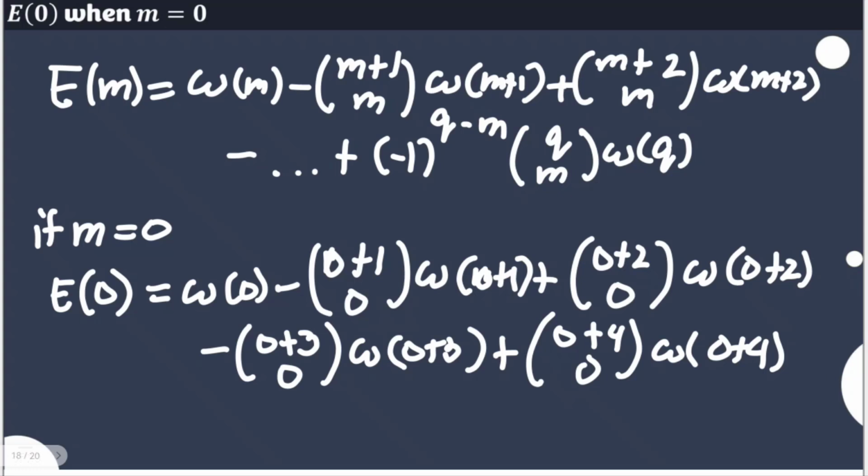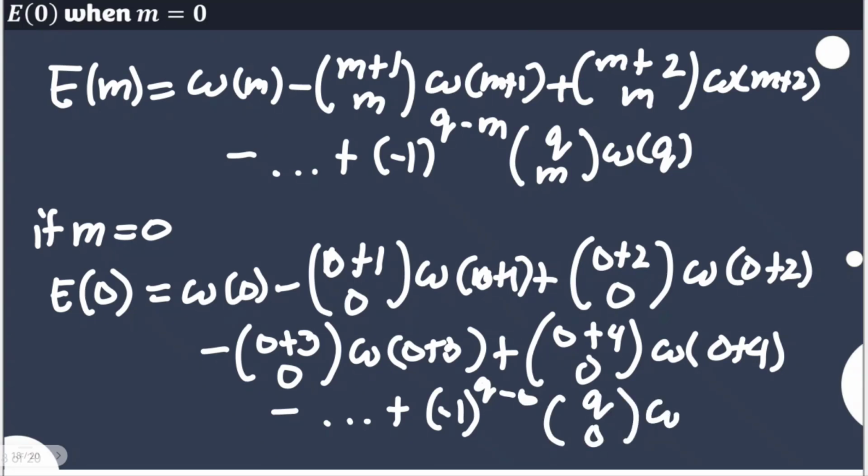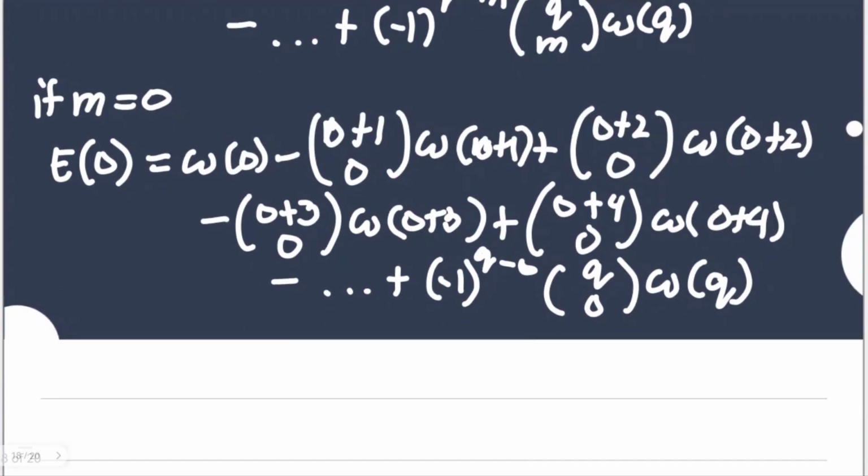Then this is where we generalize: minus and then plus again negative 1 raised to q minus 0, and we don't know what q is, so q combination 0, omega of q. Okay, that is if m is equal to 0.